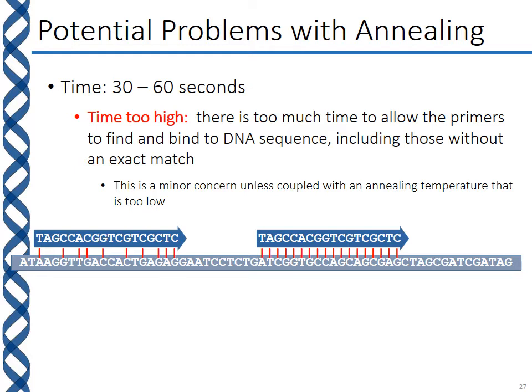So if we were to, for example, extend this annealing step to, say, 5 minutes, which would be ridiculously long for a PCR, but a time of 5 minutes at the proper temperature, say 50 degrees, as we saw on the previous slide, those 50 degrees worth of thermal energy would be able to break the bonds on the incorrectly bound primer on the left, but would leave in place the bonds on the correctly bound primer on the right.